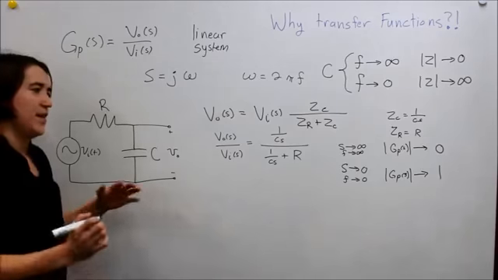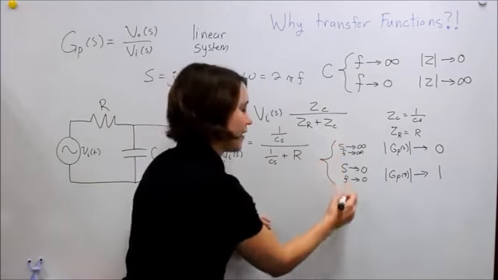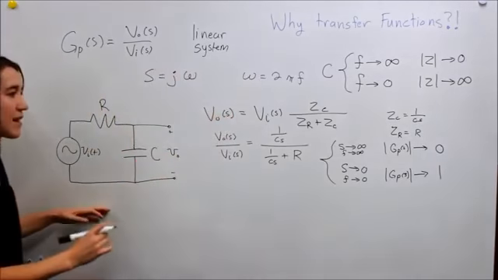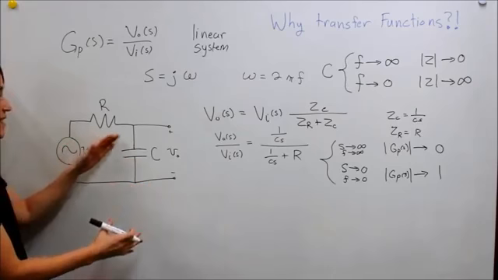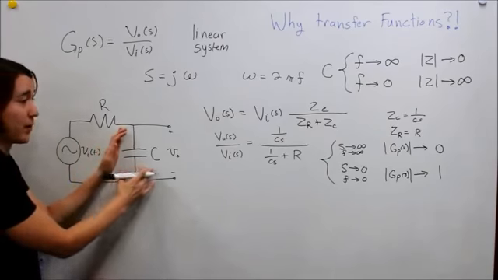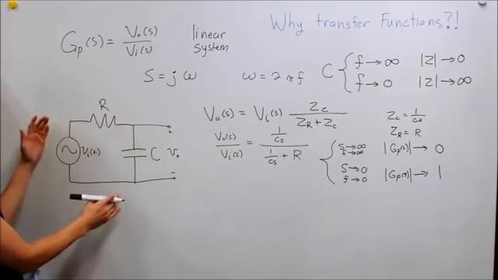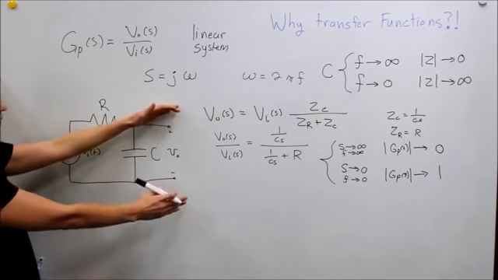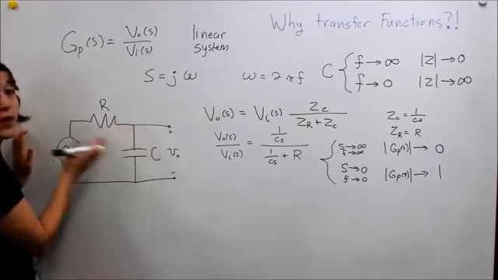And this is the more mathematical approach to analyze it. The way I like to think about this is at DC, very low frequency, this is essentially an open, and the voltage would just go straight through. So that's a gain of 1, it goes directly through.